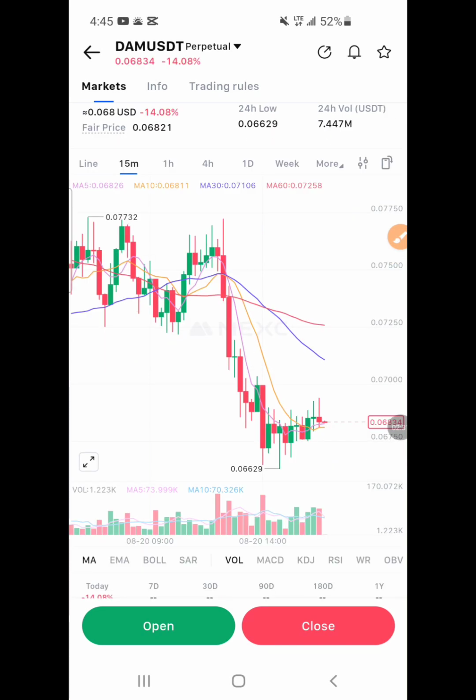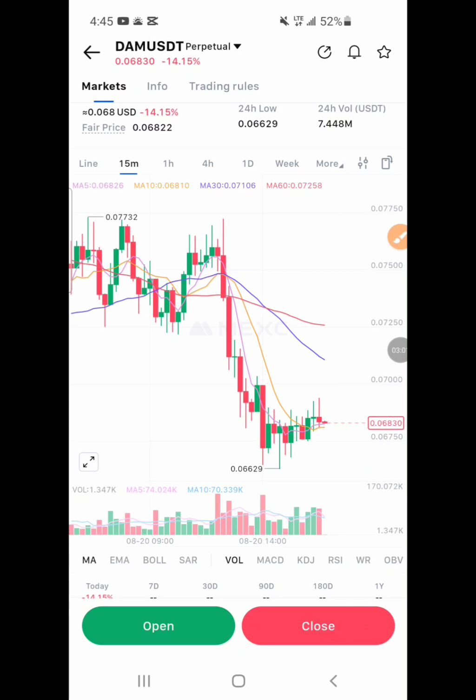So after you might have done your analysis and then decided on which entry you want to make on the pair, all you just have to do is to click on open. If you click on open right now, you either long it or you short it. Now let me explain. Longing a trade simply means that you are predicting that the trade is going to go up, is going to appreciate.